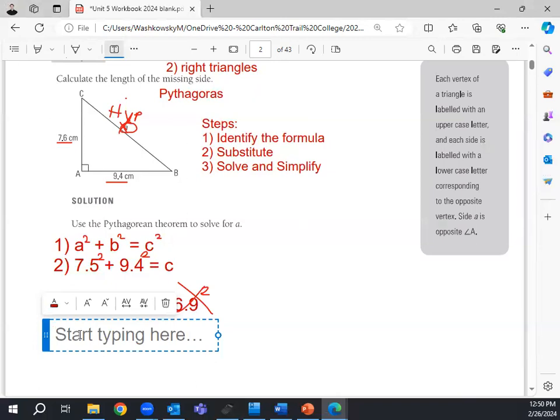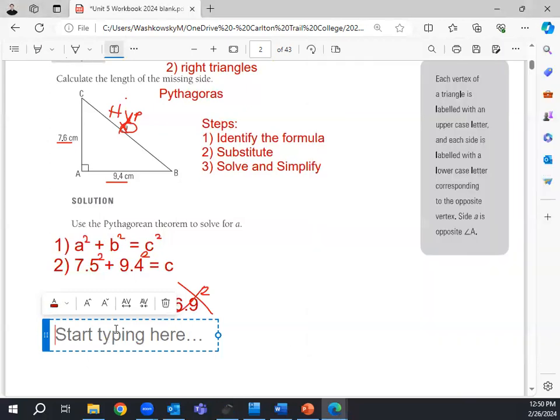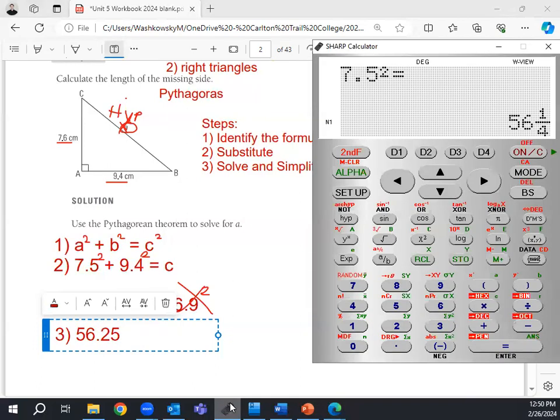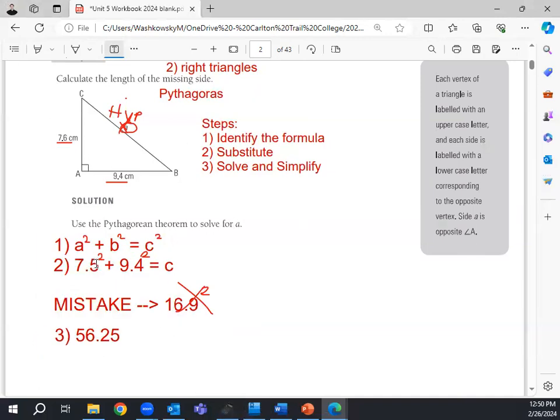So actually, again, most people don't write this step. It's an example, so I'm going to do it. What's actually happening here is they're saying it's 56.25. Oh, 7.6. Thank you.